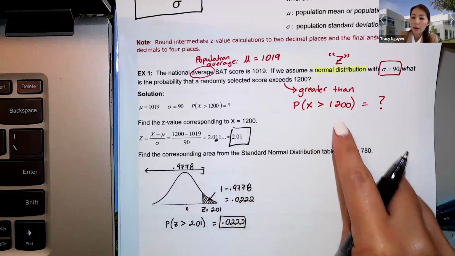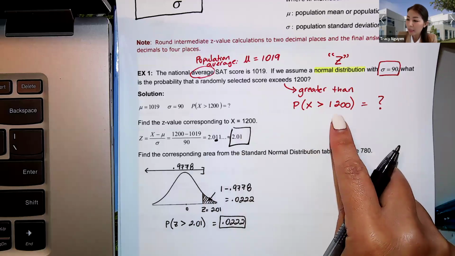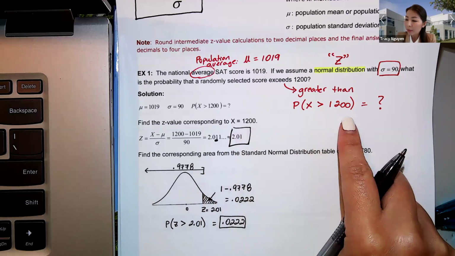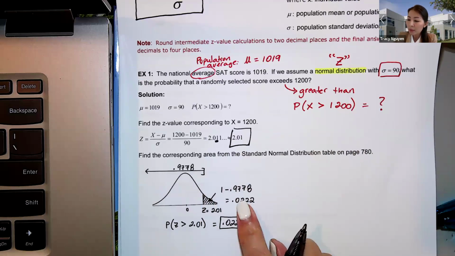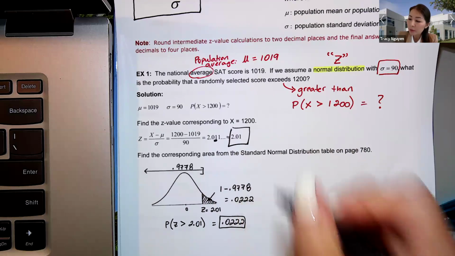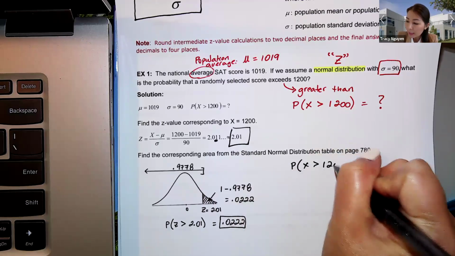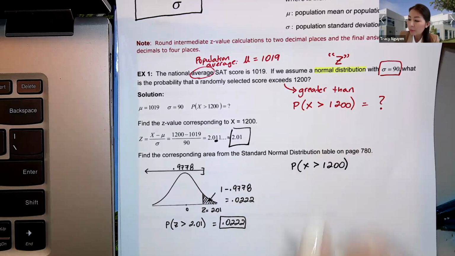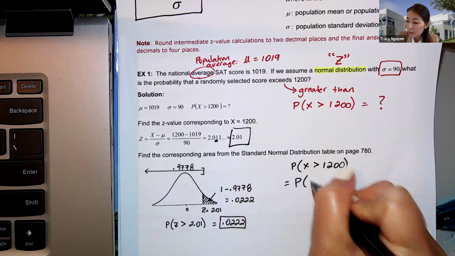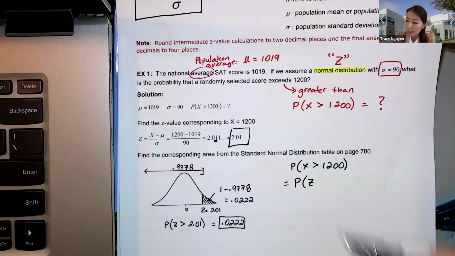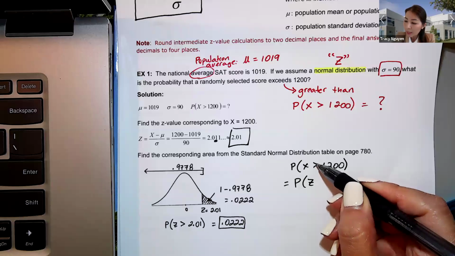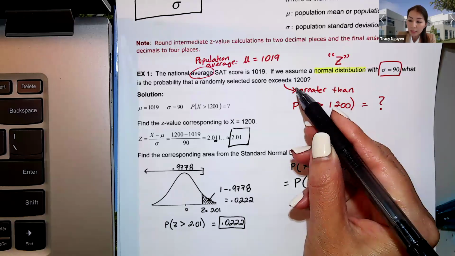Okay, we're starting out with our probability in terms of x. We now can transform to a normal variable. So the probability of x is greater than 1,200. We now can write it in terms of z. And notice that in x, we have a greater than because of the word exceeds.